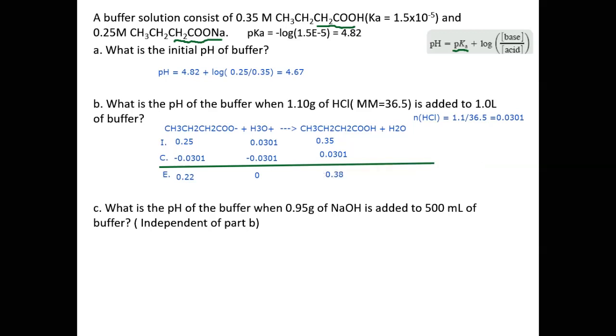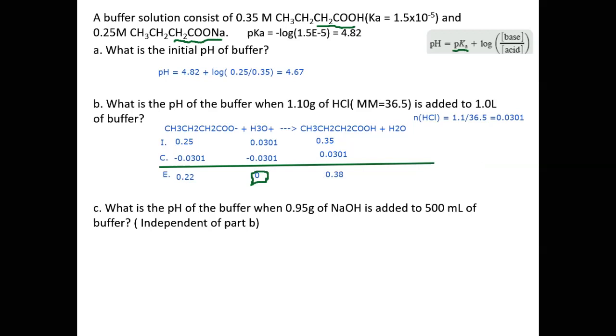Now pay attention here, because if this was actually not 0, let's say it was some left over, that means your buffer is destroyed. So the moles of strong acid should always be 0. If it's not, that means your buffer was destroyed, and you just find the concentration of strong acid and then determine the pH.